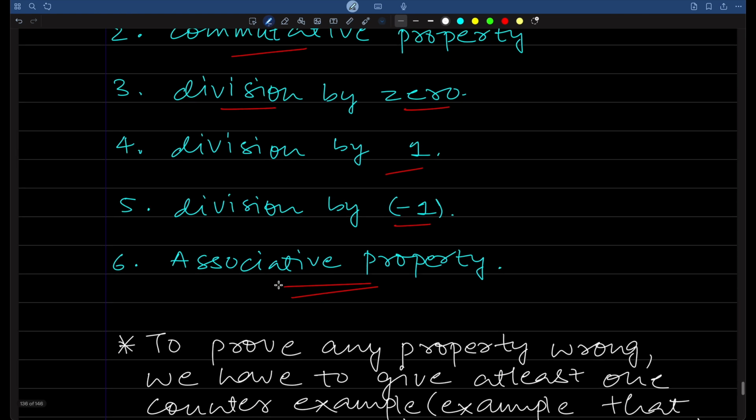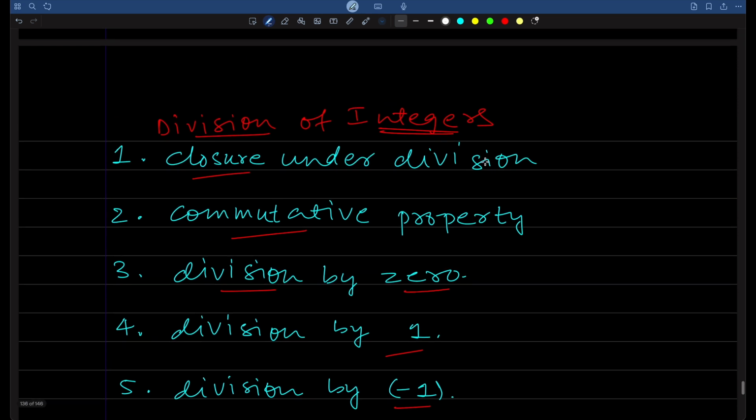So we can say that integers are not closed under division.